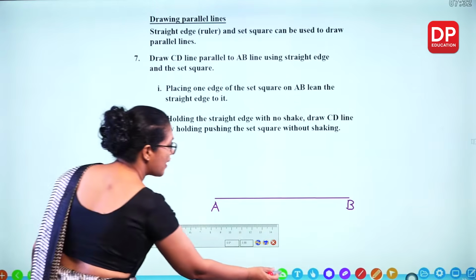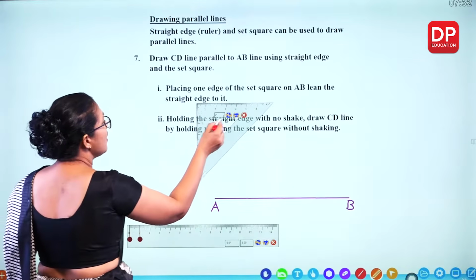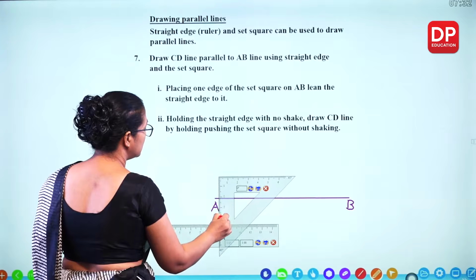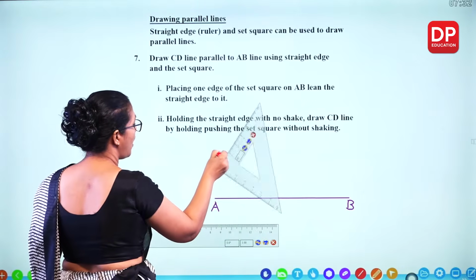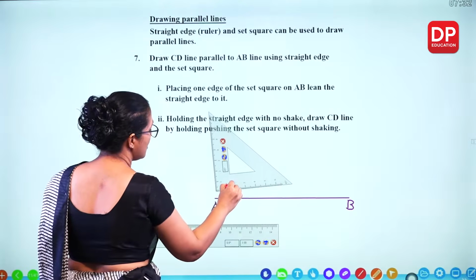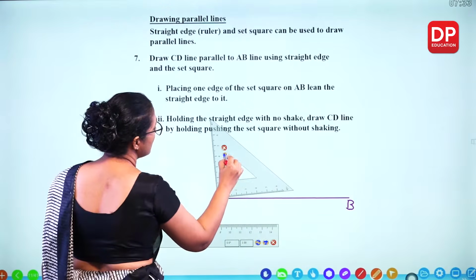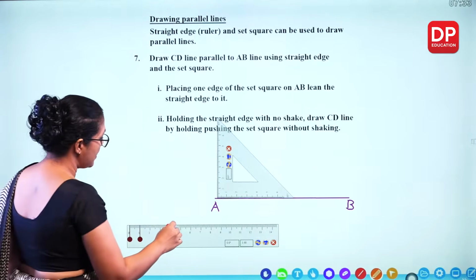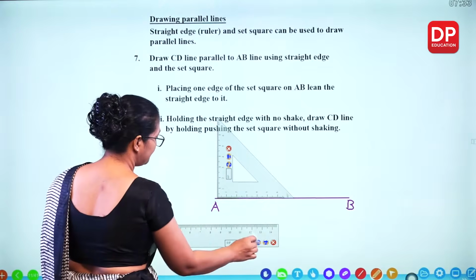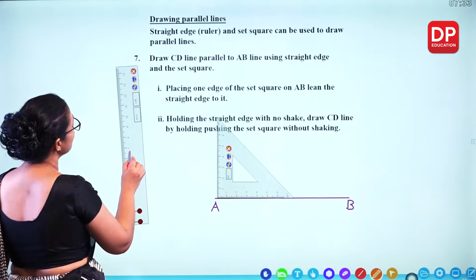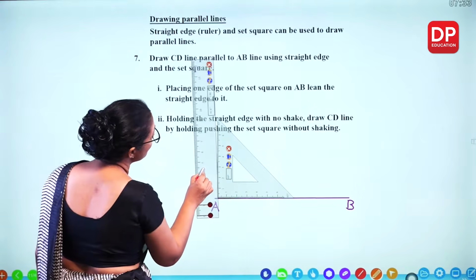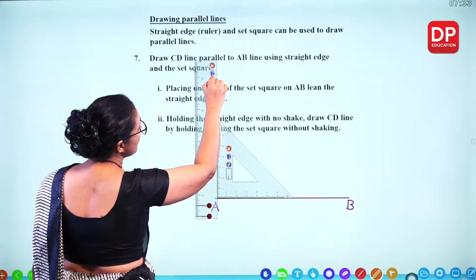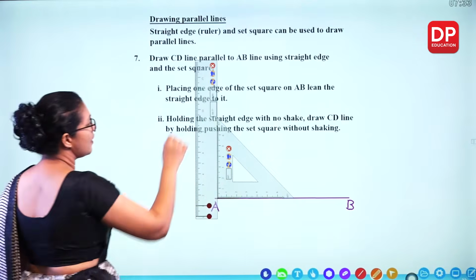So you take the set square and keep one edge here, leaning with this AB line, like this, and keep the ruler like this.